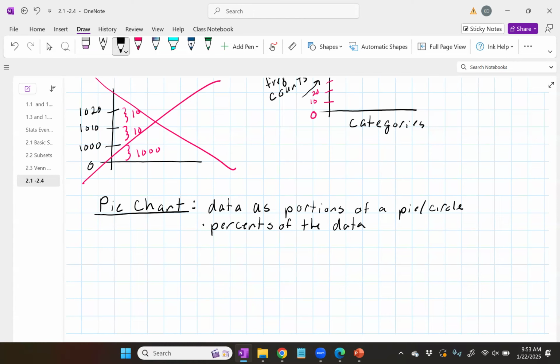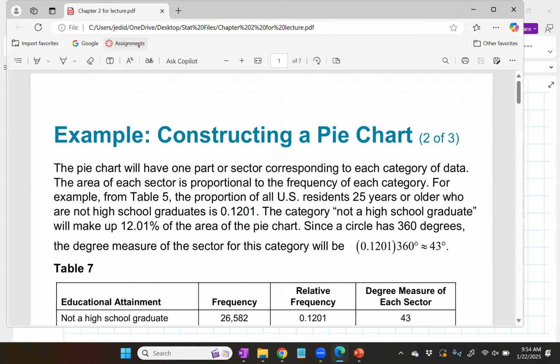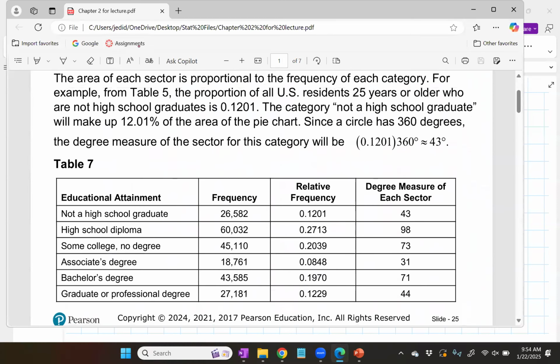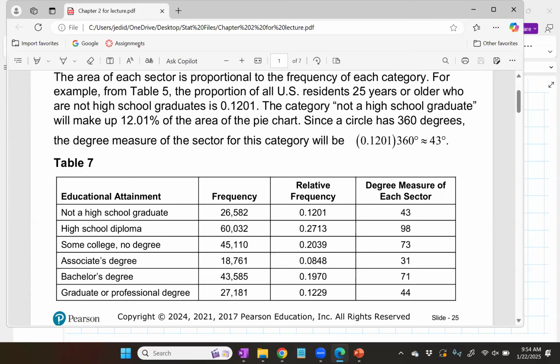Okay, where did I hide this picture? Is it here? Okay. So here was our data. I'm not going to have us make this, which is why I didn't print off the data for us. What are our categories of data? I'm guessing this is highest education. So we took a survey, we got the frequencies, and you see these frequencies are all pretty high.